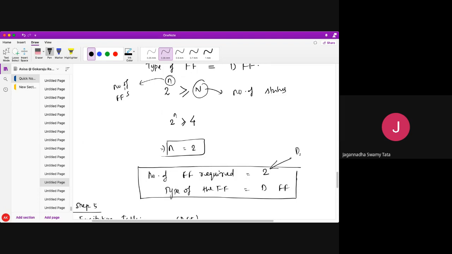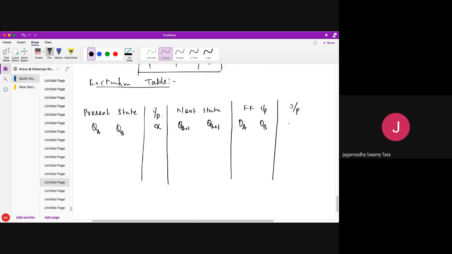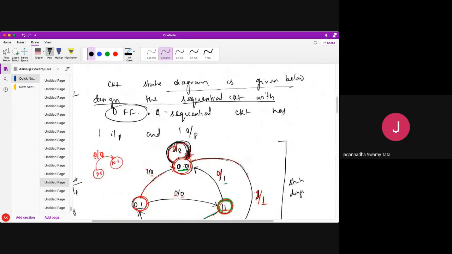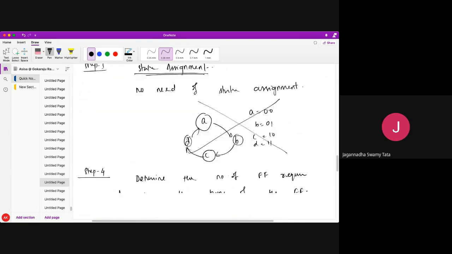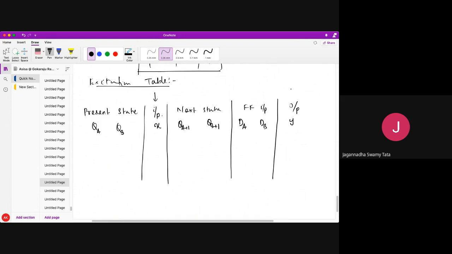So the flip-flop inputs are DA and DB. After that, the output will be a single output. A sequential circuit with one input and one output, that only I have done here. Are you understanding, students? So this is my excitation table.